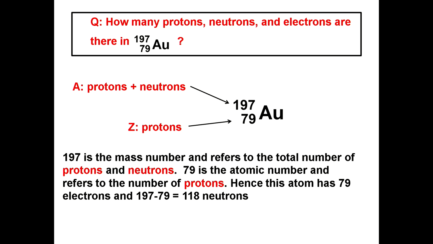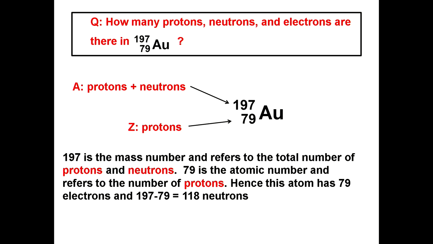Here is an example. This is a gold atom. How many protons, neutrons and electrons are there in this atom? We know this number is the mass number. It includes protons and neutrons. And the atomic number is the number of protons. The protons number is also the electrons number.